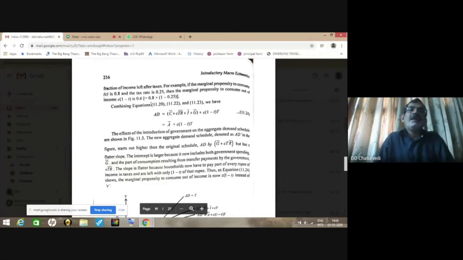Now, when we combine the various equations explained so far, 11.20, 22 and 23, what we get is AD is equal to C bar plus c TR bar plus I bar plus G bar plus c within bracket 1 minus t into Y. Now here autonomous or fixed portion has been taken in another bracket, which together will give us autonomous expenditure or autonomous demand.